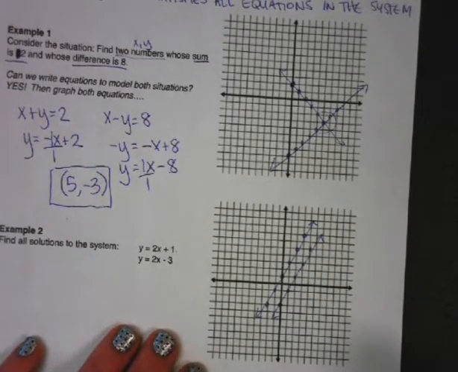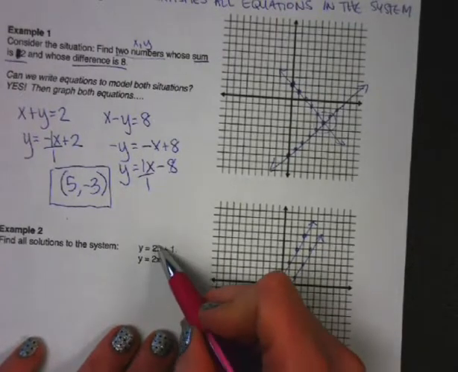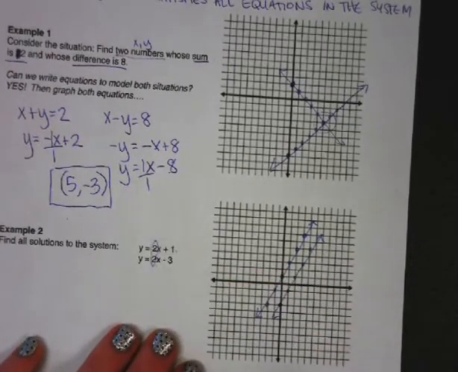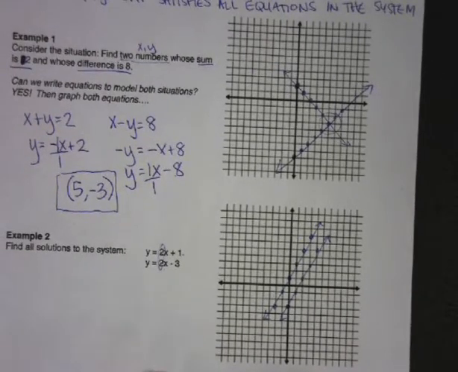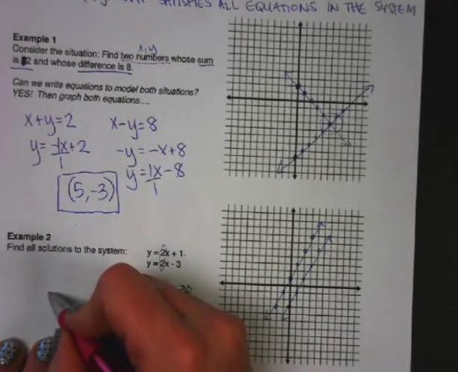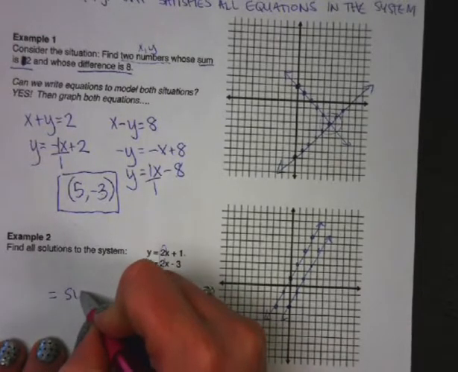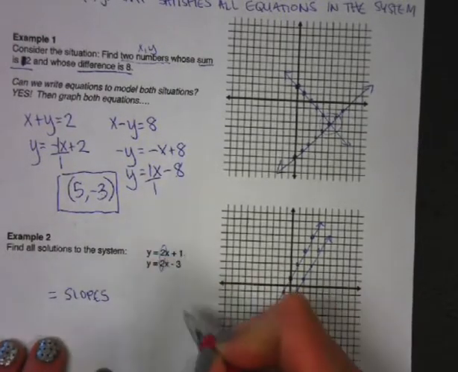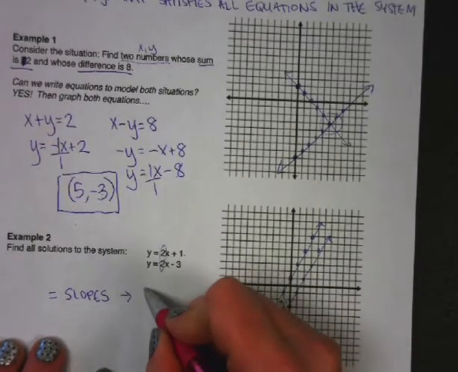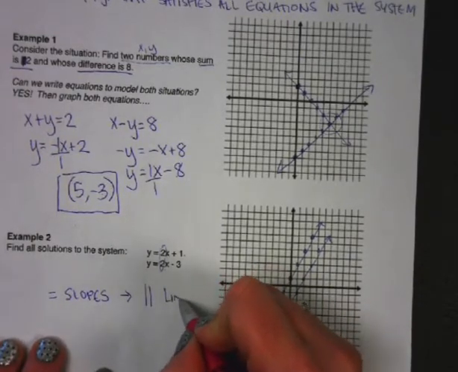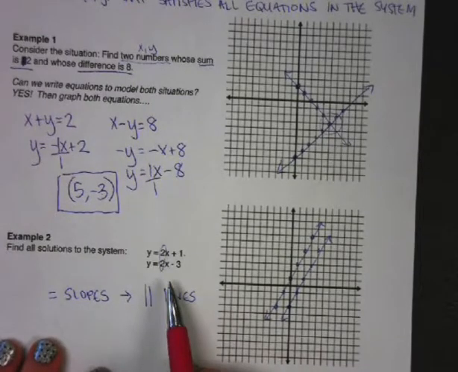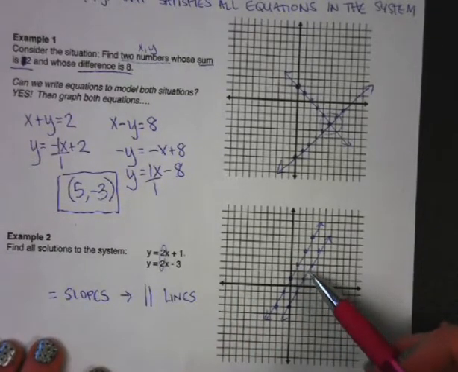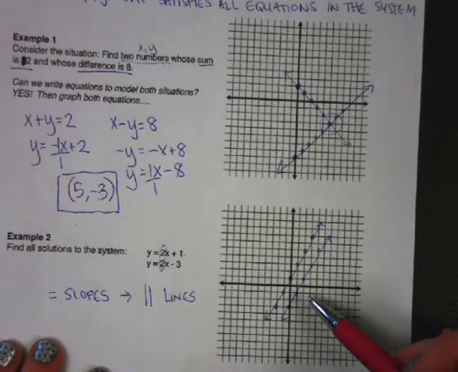If I remember, my slopes are the same. What does that mean about lines if their slopes are the same? Equal slopes mean parallel lines. So, will there ever be one point that satisfies both of these at the same time?